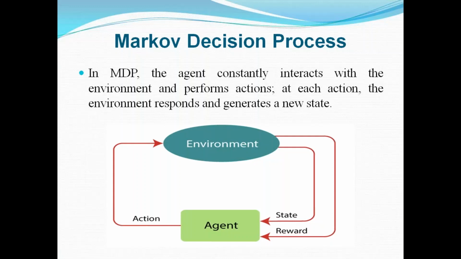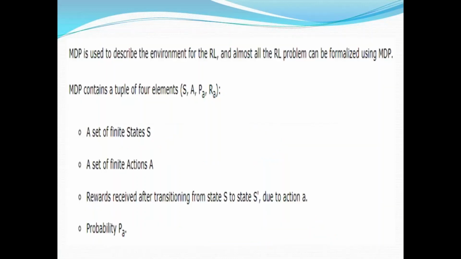This entire Markov decision process can be termed in this way: you have a finite number of states and a finite number of actions. To go from one state to a particular state, you can apply these actions and transition to that state. R_a is the reward which is obtained, and P_a is the probability of choosing an action for a particular state.